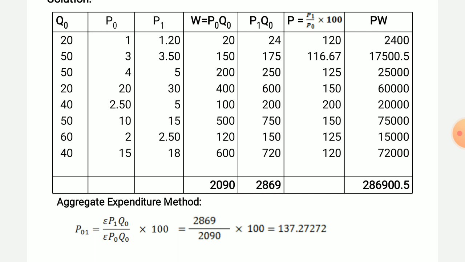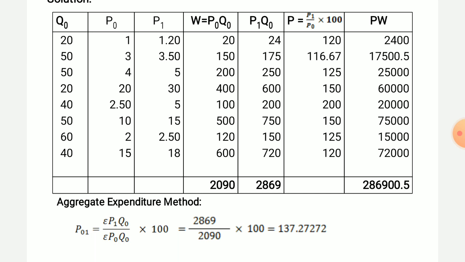Now calculate the value of PW, meaning P into W, in the last column, the price relatives multiplied with W, which is P0Q0. 120 into 20 is 2,400, 116.67 into 150 is 17,500.5, 125 into 200 is 25,000, 150 into 400 is 60,000, 200 into 100 is 20,000, 150 into 500 is 75,000, 125 into 120 is 15,000, and 120 into 600 is 72,000.